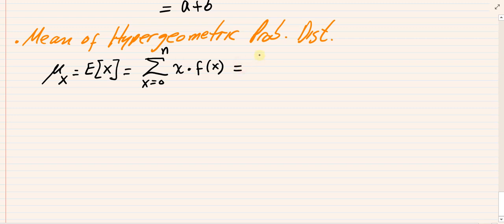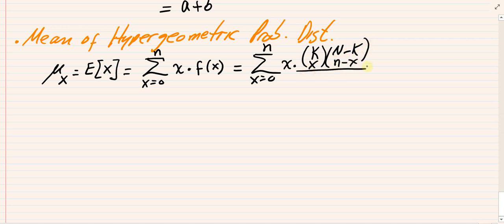I'm just following the definition of expectation. So that's going to be x times k choose x, times capital N minus k choose little n minus x, over capital N choose little n. So that's what we have.